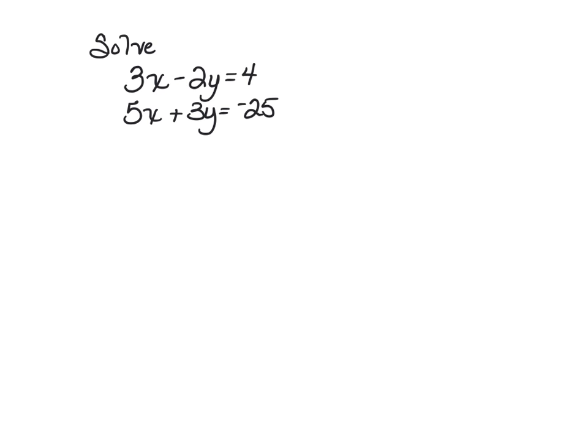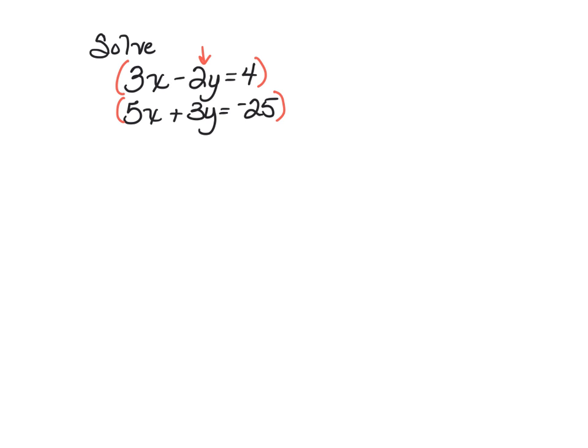And when I am eliminating variables, I just have a tendency to do the one that appears to be the easiest. And I notice that the y's already have a positive and a negative, so I'm just going to decide to eliminate the y variables. So I want to think about what is the least common multiple between 2 and 3, and that would be 6. And so I'm going to multiply both equations by the specific number that will give me a 6y in each equation.